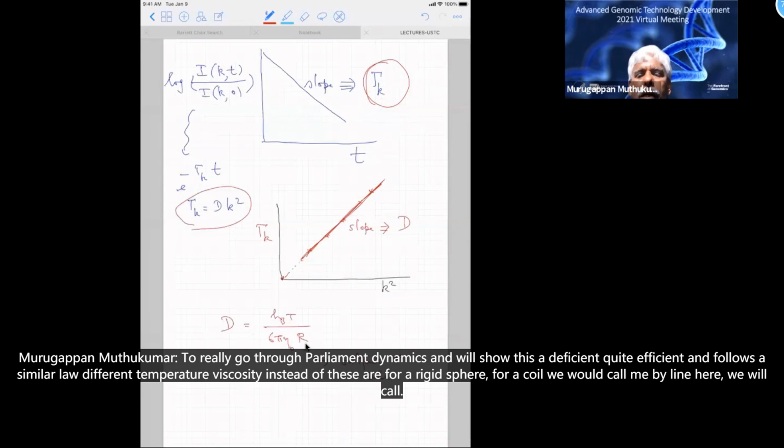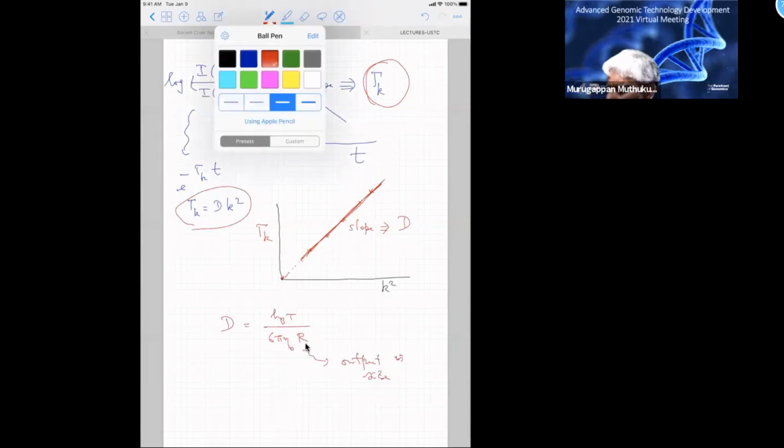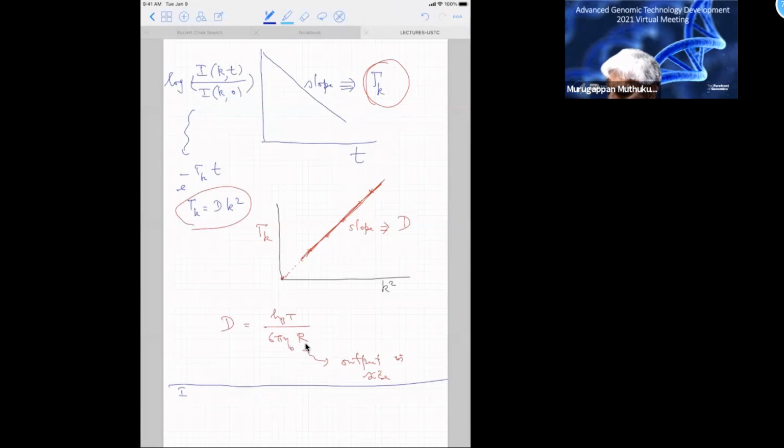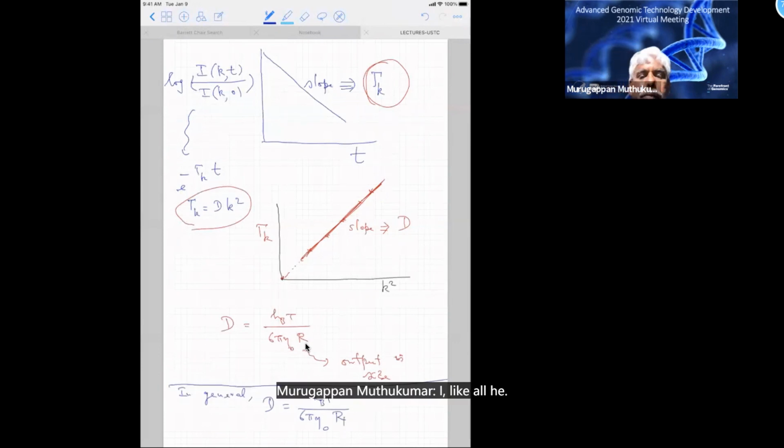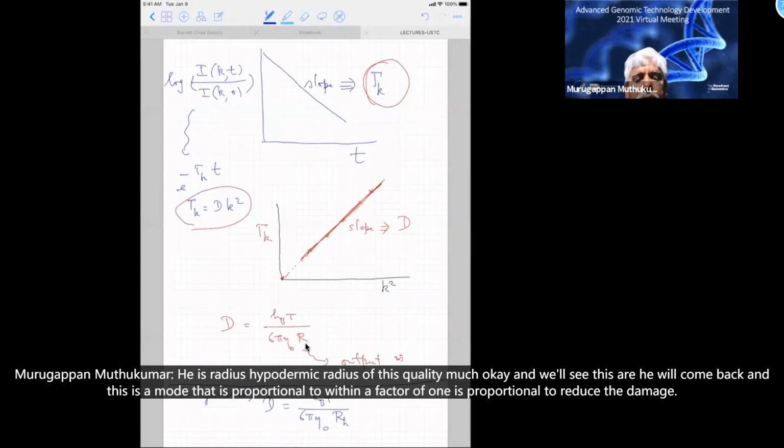Instead of this R for a rigid sphere, for a coil we would call, in general, D will go like k_B T divided by 6 pi eta naught R_H. This R_H is the hydrodynamic radius of this polymer. Okay, and we'll come back and discuss this more.